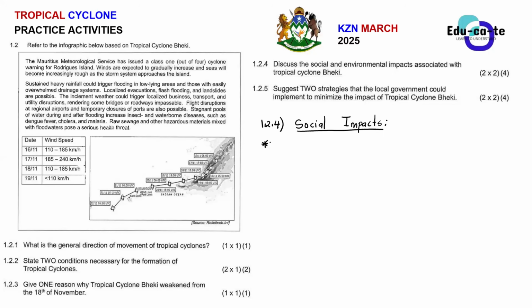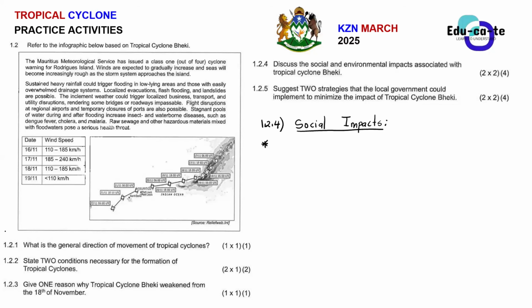Say, am I wrong if I'm going to say it will cause waterborne diseases? Okay, don't say it will, as if it's still going to happen. It's something that has already happened. This is a March 2025 paper, so it's probably before. It causes waterborne diseases.